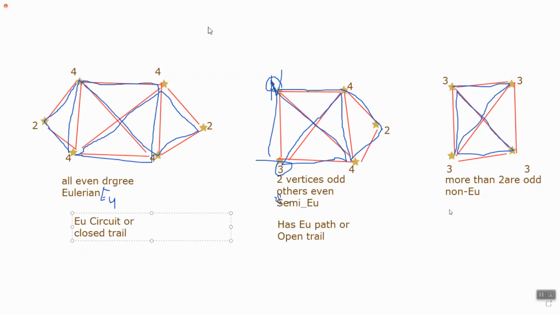So the first graph is Eulerian, and I can show you that we can break this one into disjoint cycles.